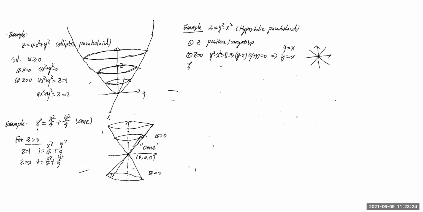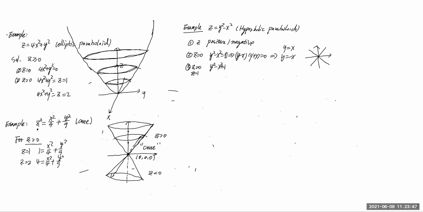So let's look at when z is greater than 0. We know y squared minus x squared, for example, as z equal to 1. So we get 1. What's this? Right, this is a hyperbolic curve, right? Like this. Okay, this is for z equal to 1.